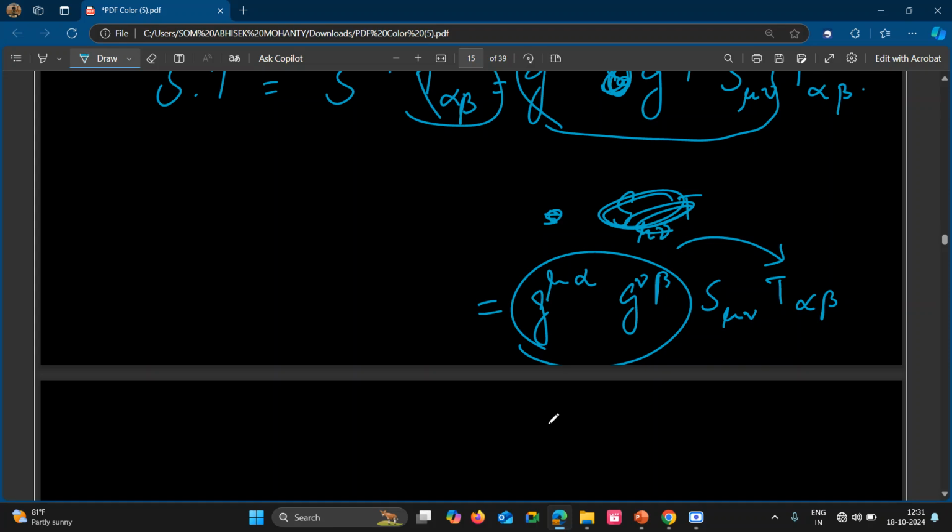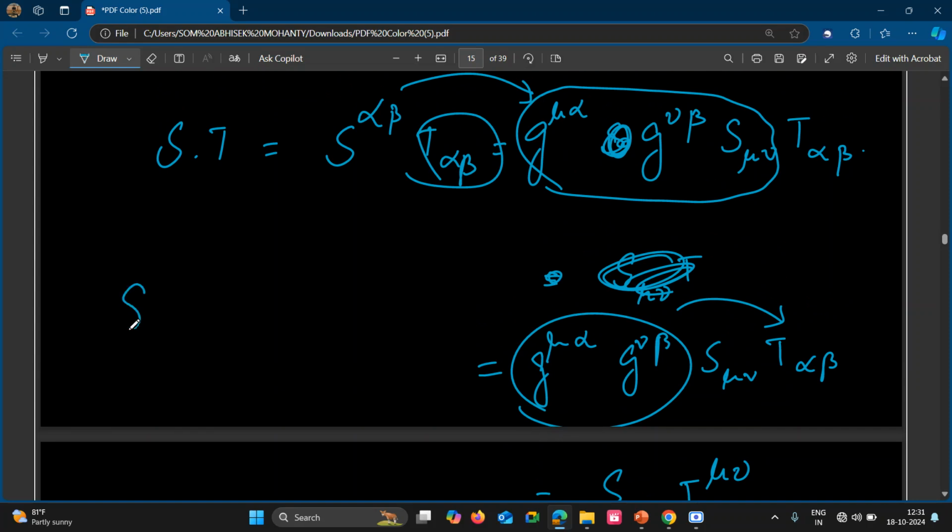So alpha beta will be cancelled out, so t mu nu we will get. So it will be s mu nu into t mu nu. Got it? So we transform s alpha beta, t alpha beta, and equated it to s mu nu, t mu nu. So this kind of transformation can also be there. Right?